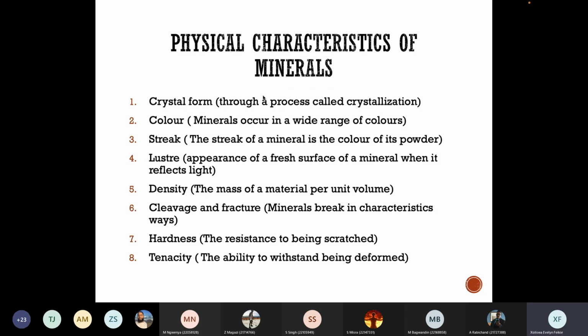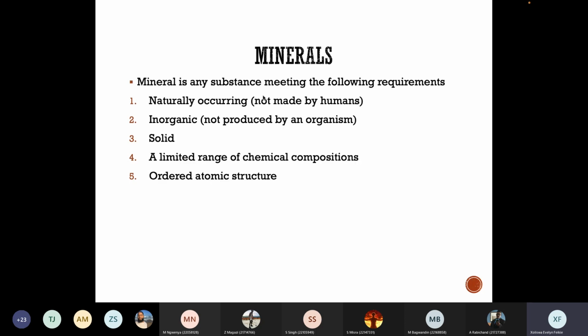It must not be that when you're asked a question, the question stops at define what a mineral is. You can be asked, define a mineral, or what is a mineral? And then you need to say a mineral is a substance that has these 5 properties, or characteristics rather.